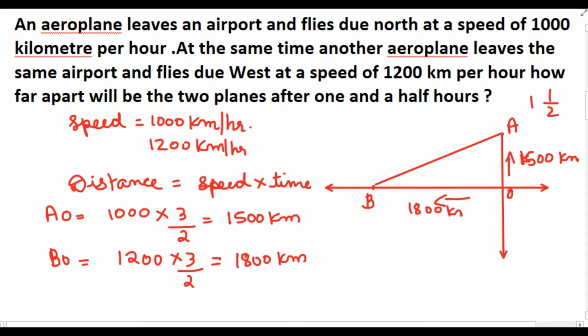Now using Pythagoras theorem, I can easily find out the distance AB. AB is the hypotenuse.